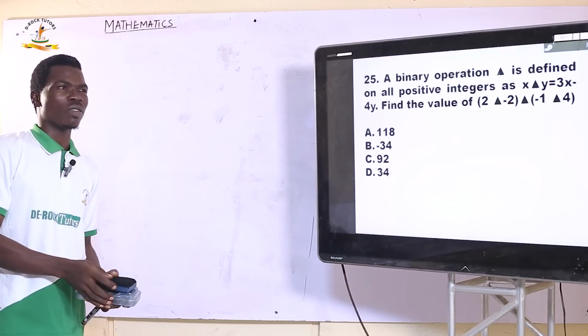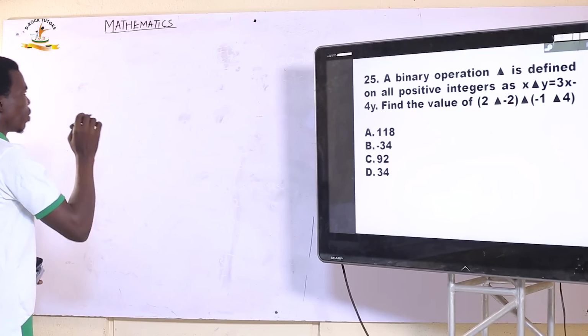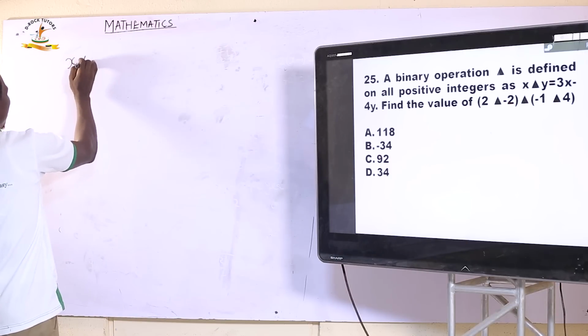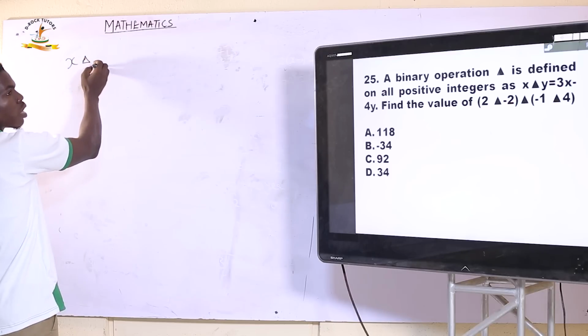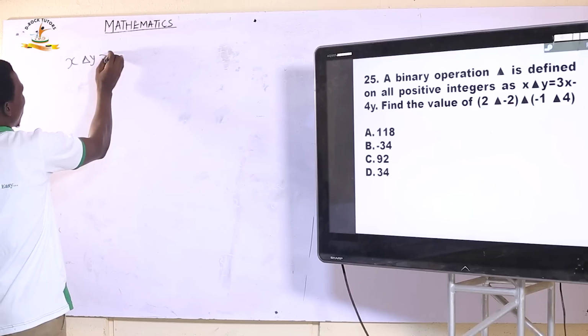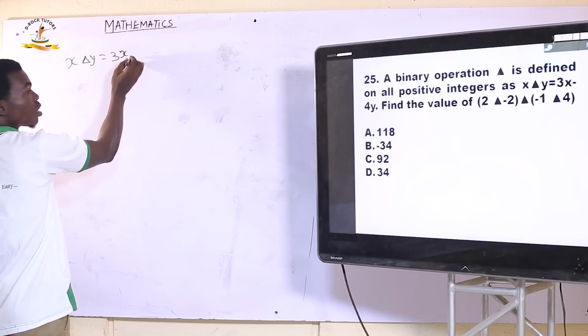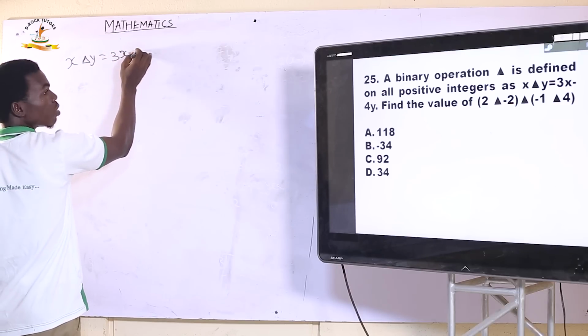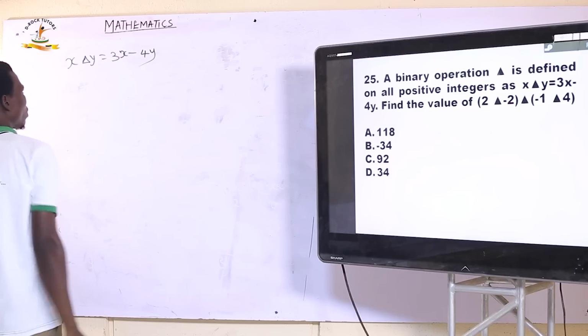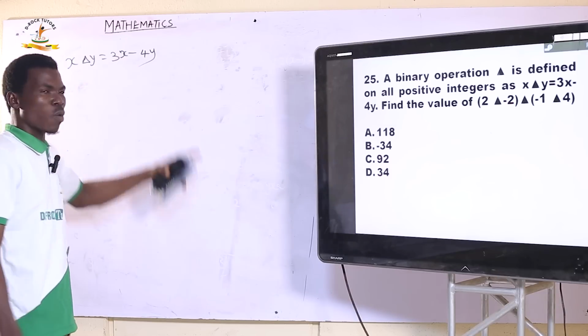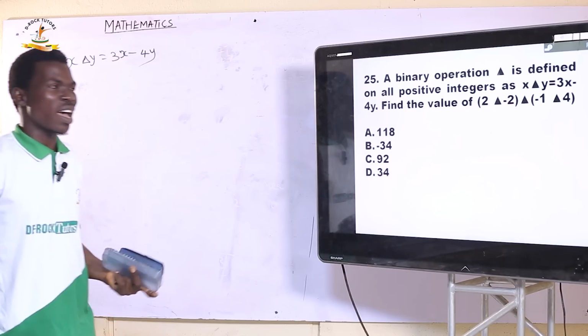So let's do justice to this. We have the binary operation x delta y, and it's given as 3x minus 4y. So this is just the relationship between x and y anytime the delta appears.